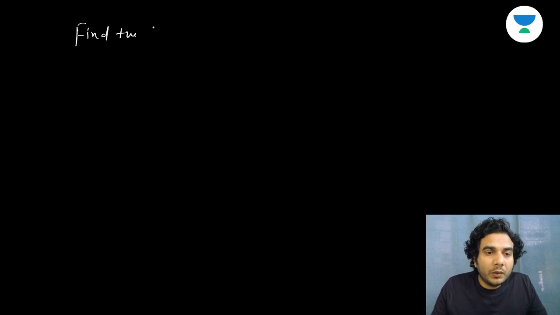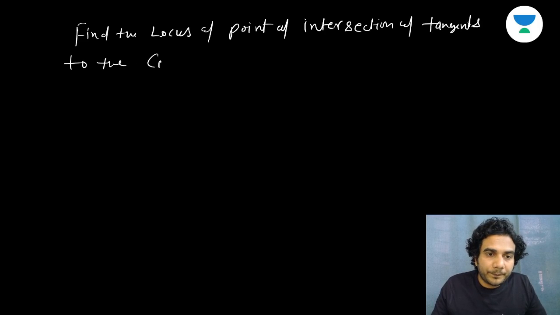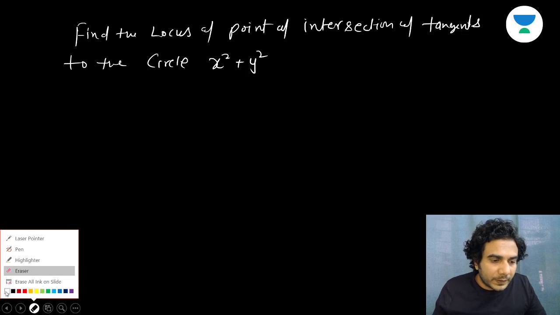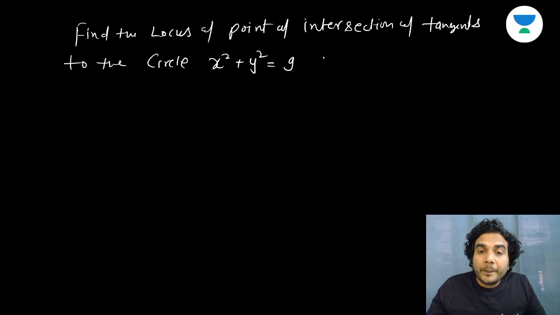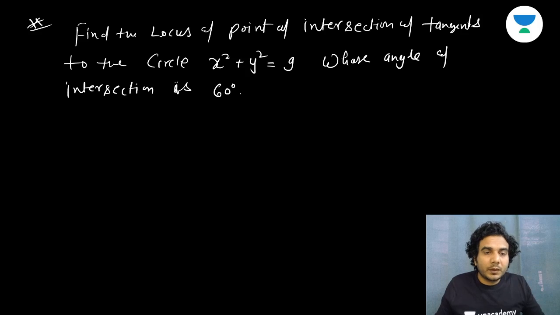Find the locus of the point of intersection of tangents to the circle x² + y² = 9, whose angle of intersection is 60 degrees. Okay, in case of the director circle it was 90 degrees, now it is 60 degrees, so you need to do it accordingly. Find the equation of the locus.